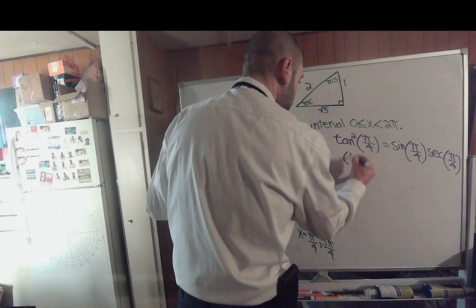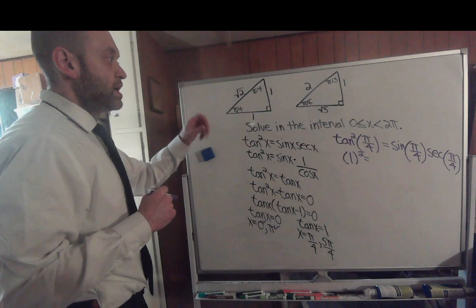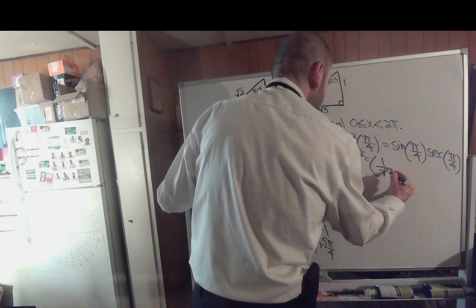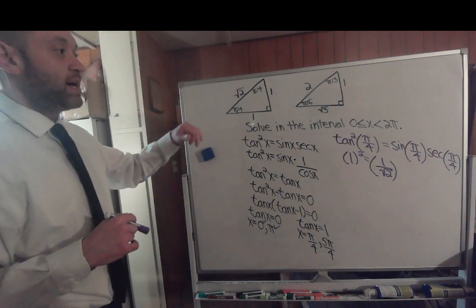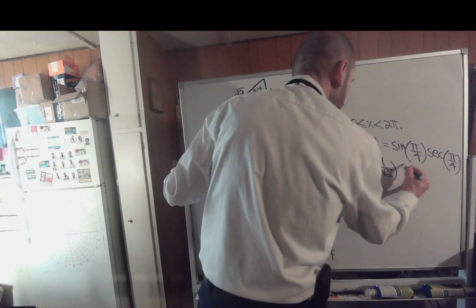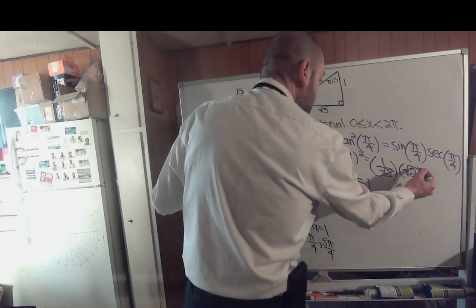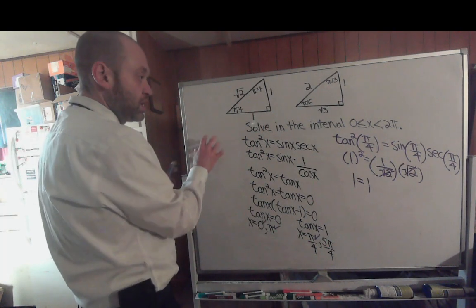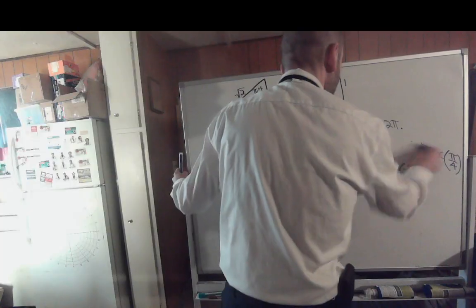You would get then 1 squared equals, what's the sine of pi over 4? That's 1 over the square root of 2. And there's a reason I'm not rationalizing my denominator. You're going to see why. Now, what's the secant of pi over 4? That's just a square root of 2, right? See how nice this is going to be? You'll end up getting 1 equals 1. So we know for sure pi over 4 holds, but it's going to get interesting for 5 pi over 4.